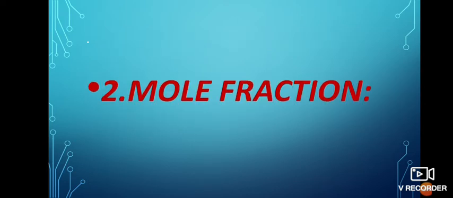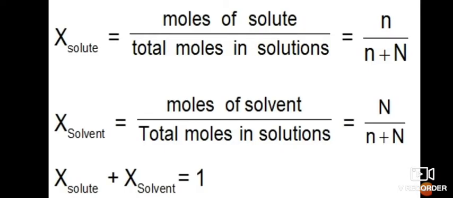Now the next topic is mole fraction. Mole fraction of solute can be calculated by this formula. Mole fraction is denoted by X. The mole fraction of solute is equal to moles of solute upon total moles in solution, which is equal to small n upon small n plus capital N. Here small n represents the moles of solute and capital N represents the moles of solvent.